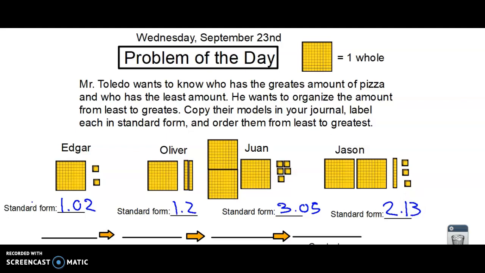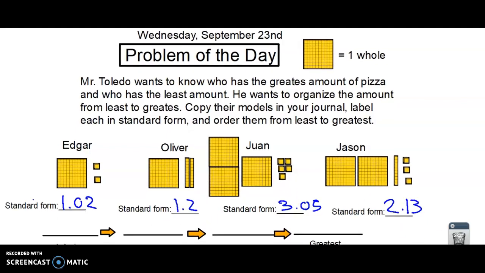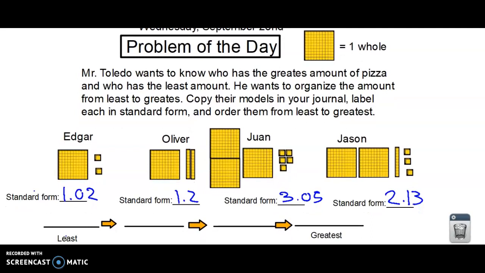Now we have to order these from least to greatest. We can see that Juan has the largest number, followed by Jason, Oliver, and Edgar. So we know that Edgar has the smallest number.